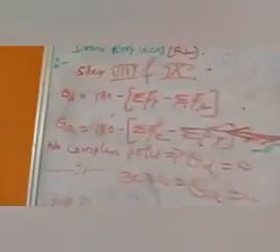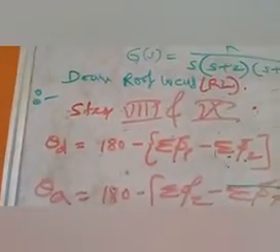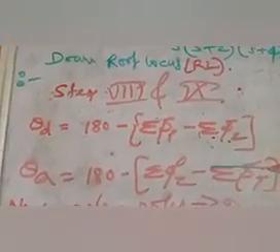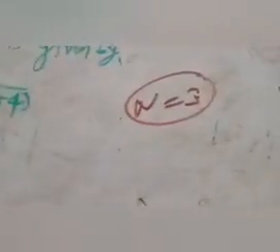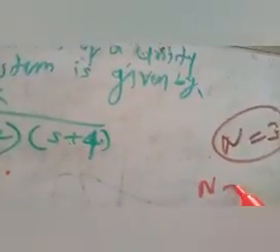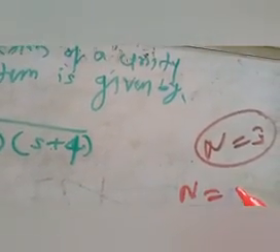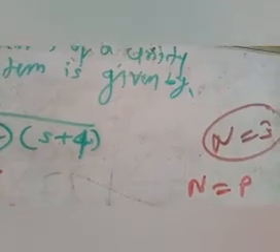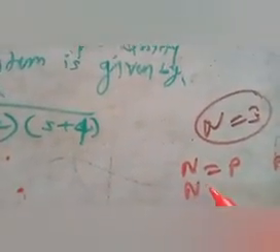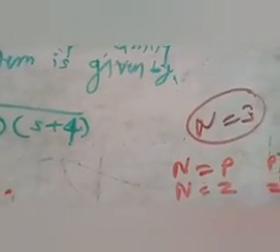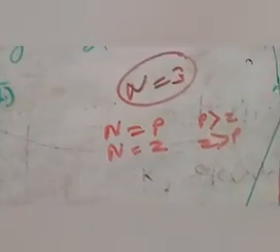So next step is step number 8 and 9. We left one step, the number of branch. The formula for number of branch is equal to P when number of poles is greater than number of zeros. Number of branch is equal to Z when Z is greater than number of poles.